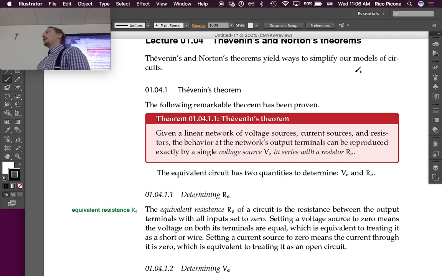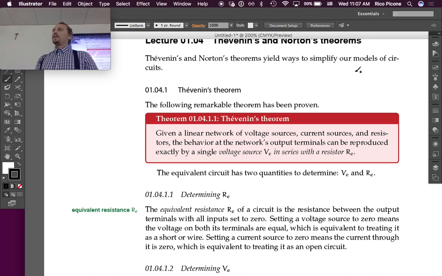Well, that's pretty cool. So you could have thousands of resistors and sources, and you can simplify down: the same exact behavior can be reproduced at its output terminals by a voltage source and a series resistor.